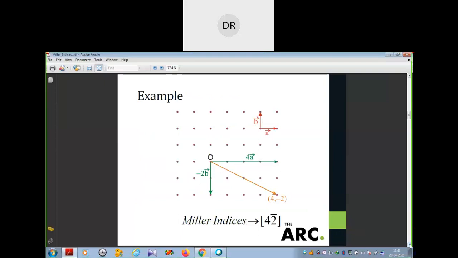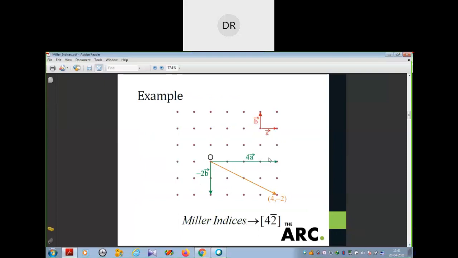Now see this one, this is a typical example. This is a plane, and this is how the Miller indices are designated. Suppose in this direction, simple xy direction, this is the basic vector a, and this is the vector b. The vector we write as 4a minus 2b.